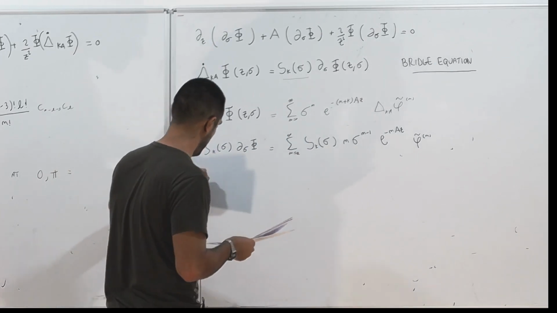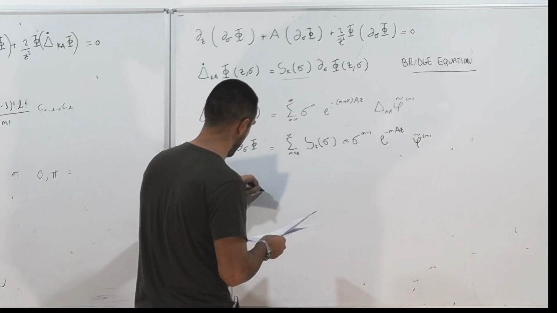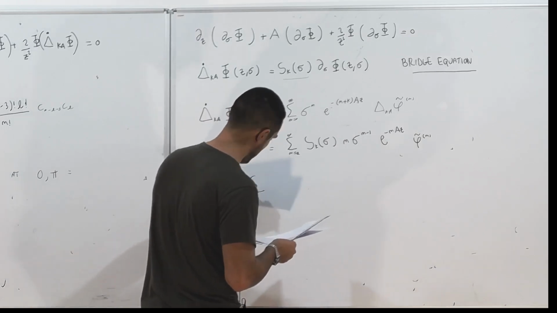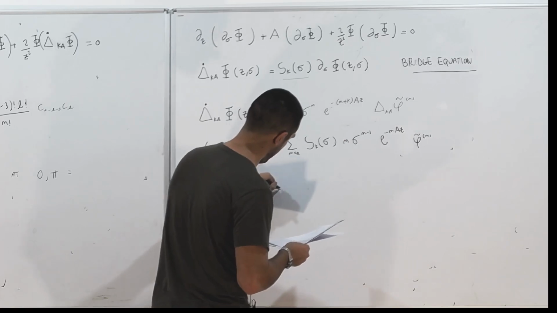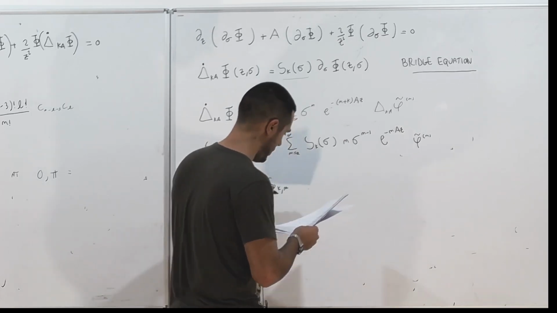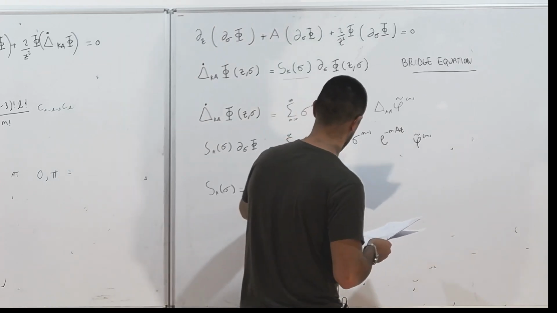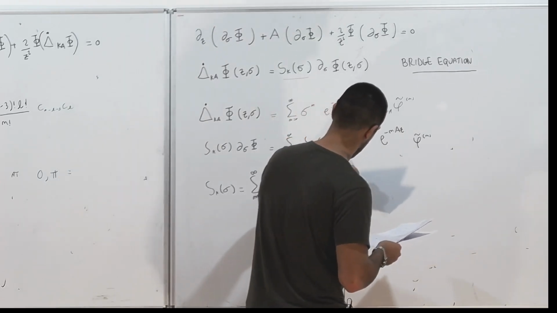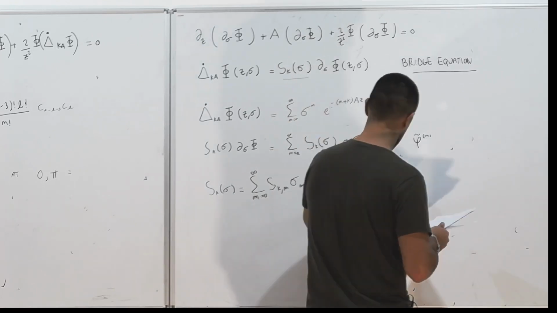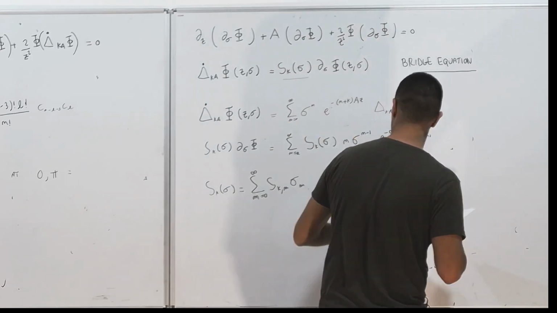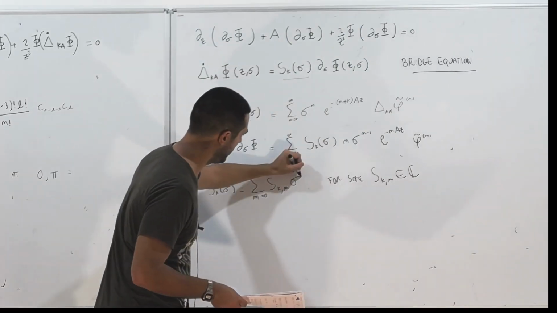So the s_k must have the following form: sigma to the m for some coefficients belonging to C. Oh, sorry, this is obviously wrong.